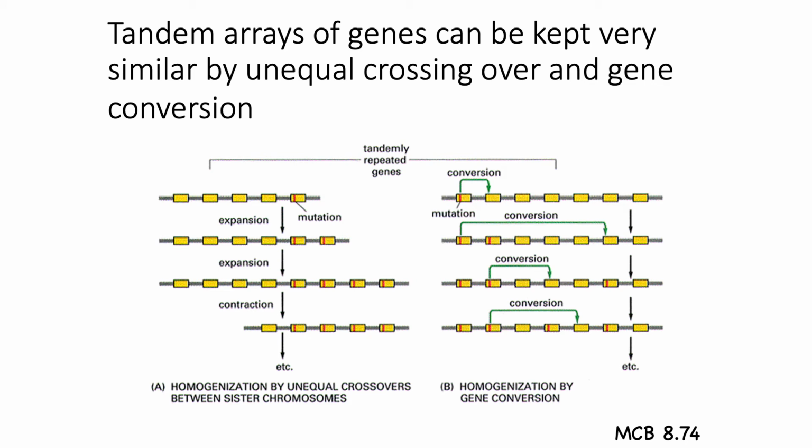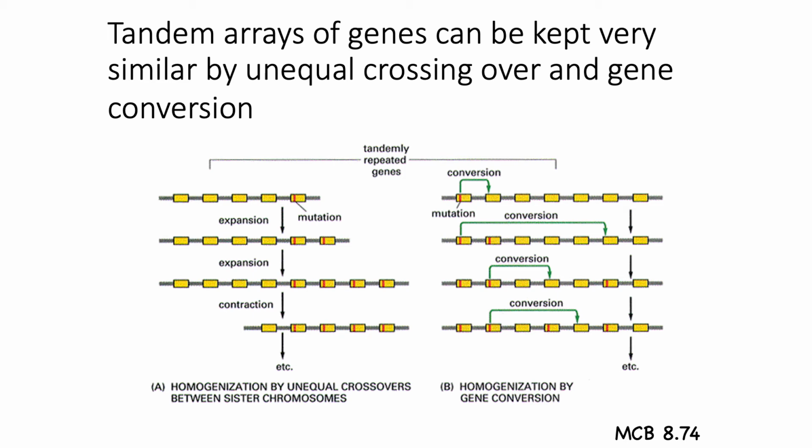Now, if we have a tandem array of genes, they can be kept very similar by a combination of unequal crossing over and gene conversion. So if we have a mutation in one of the genes, as shown in the top left of the figure with a little red line, one of two things is going to happen over time.